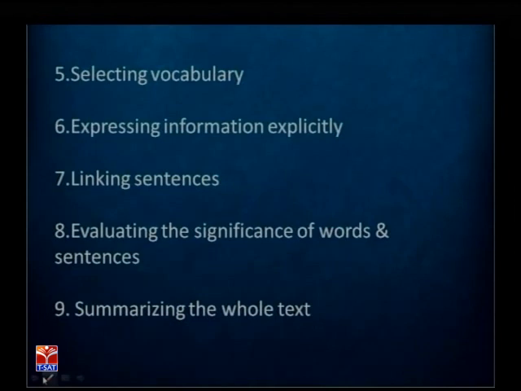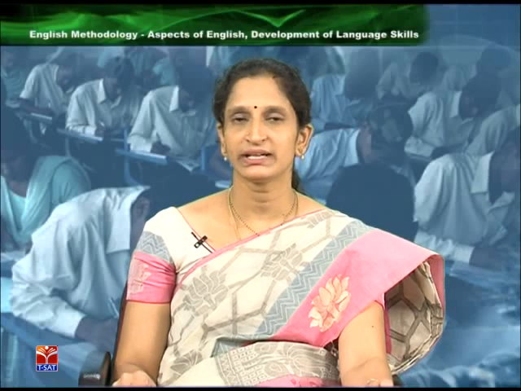Then only do we have thorough knowledge over the content. If there is nothing explicit, no analysis part, no plenty of information regarding that particular area, definitely the readers may not accept it. The next one is linking sentences, which is very important. Again it is linked with the words.